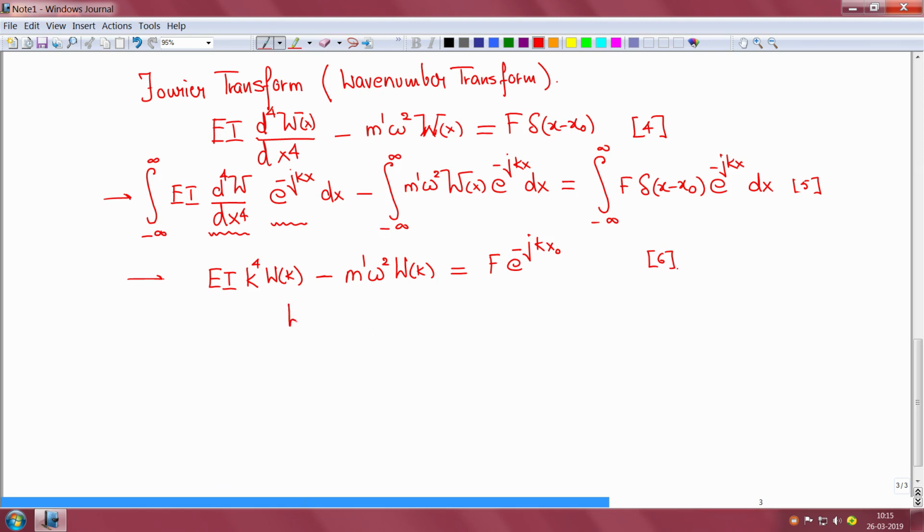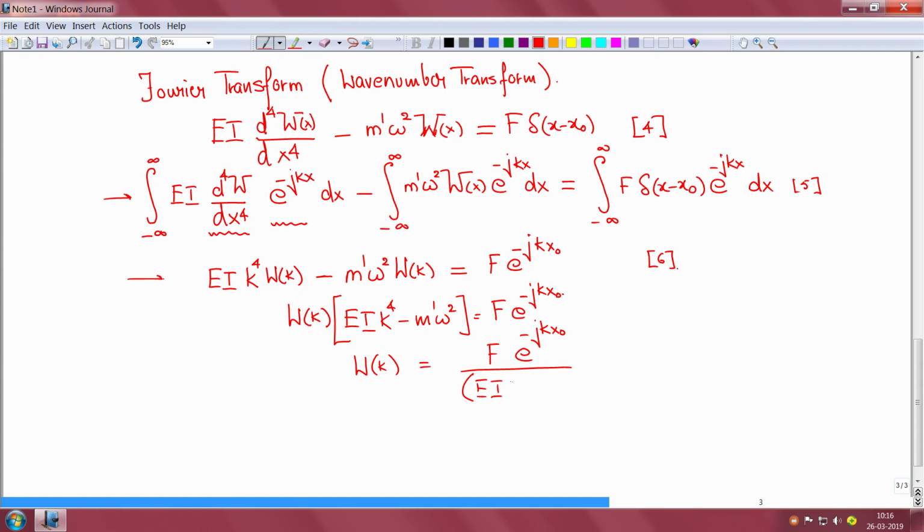So I can take W of k common and that gives me EI k fourth minus m dash omega square equal to F e to the power of minus jk x naught, or W of k is equal to F e to the power of minus jk x naught by EI k fourth minus m dash omega square. Okay, so let us call this 7.